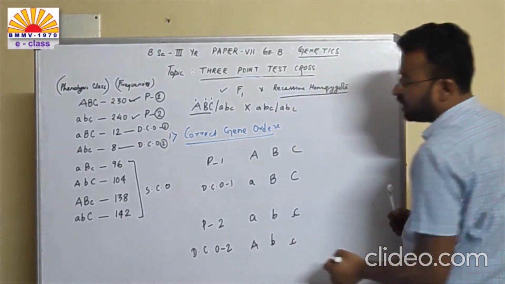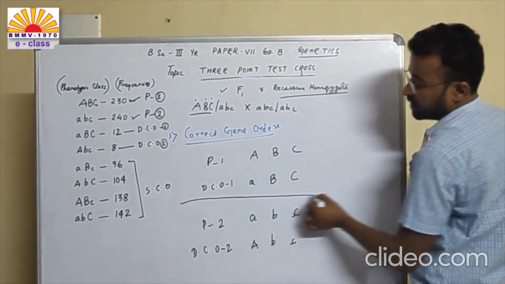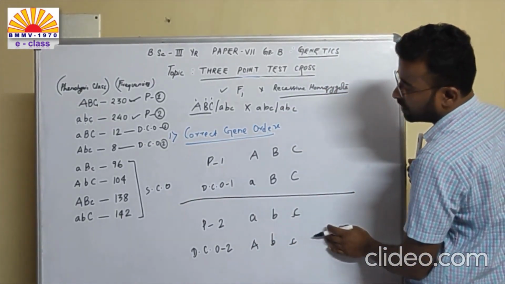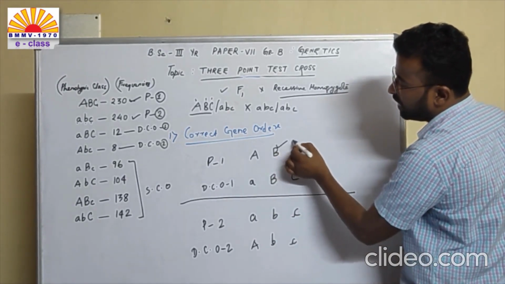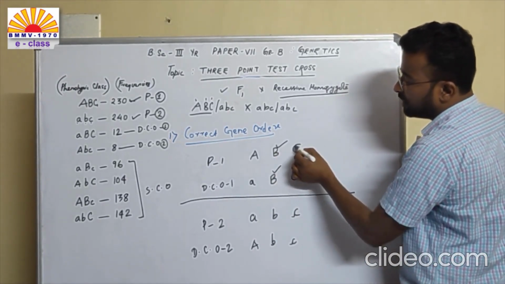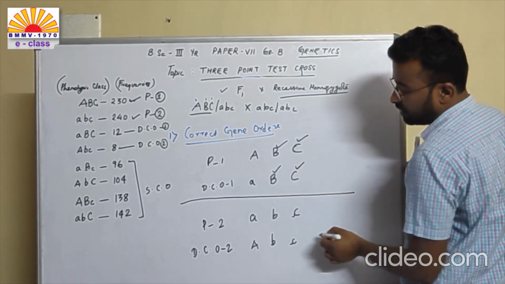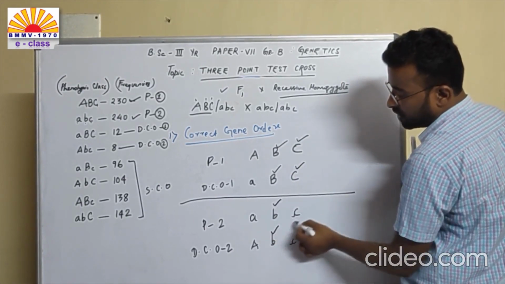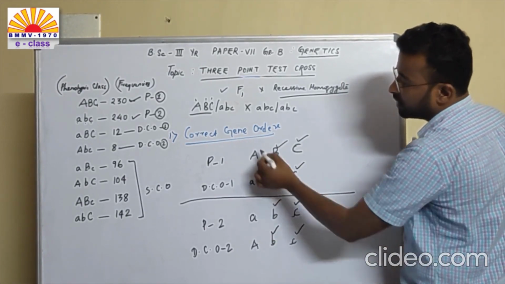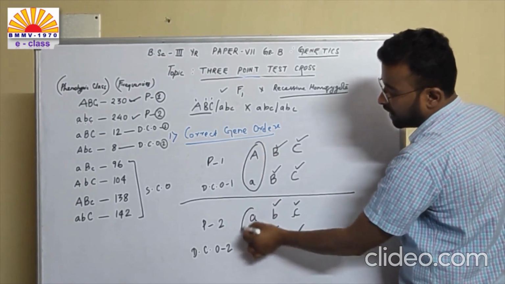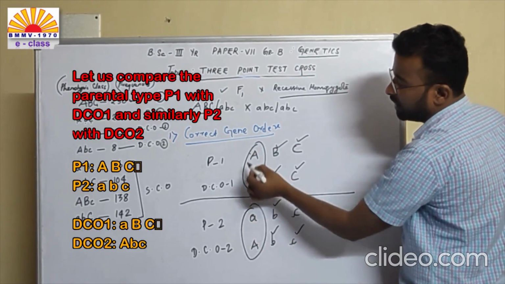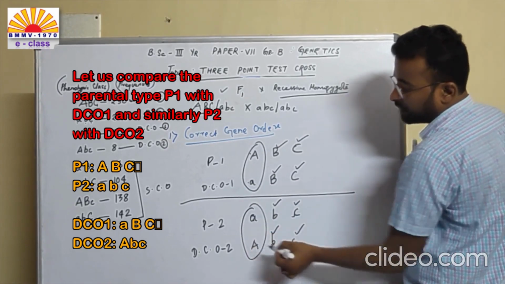So in all these cases, when you compare the sequences, B and B is common, capital C is common, small b is common, small c is common. But this particular A is uncommon: capital A, small a, capital A.